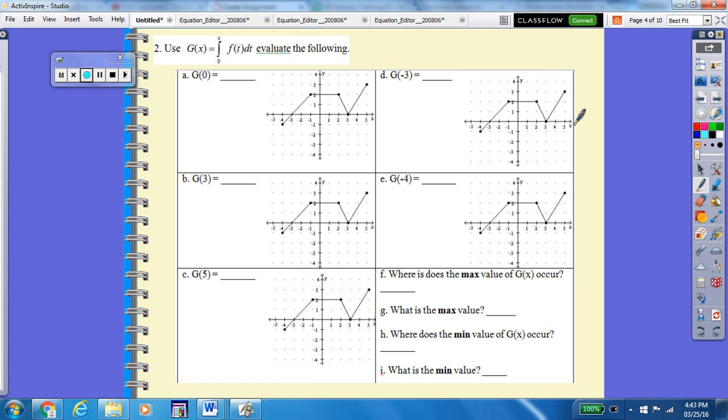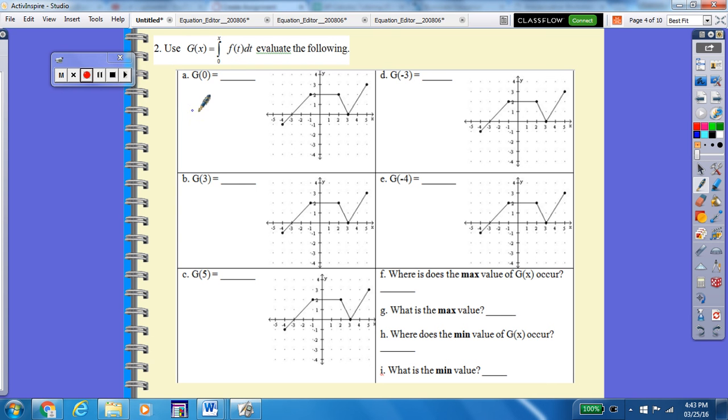So we're going to let g of x be the integral from 0 to x of f of t dt. Remember, here's f of x. F of t is simply f of x. We're just using t so we don't use x twice. And they want us to evaluate the following. So first of all, they want us to find g of 0. Well, there was a property that you copied in your notes, and it kind of makes sense.